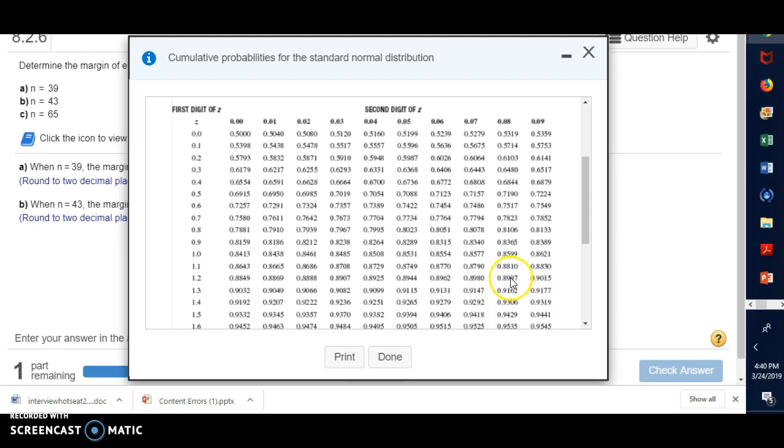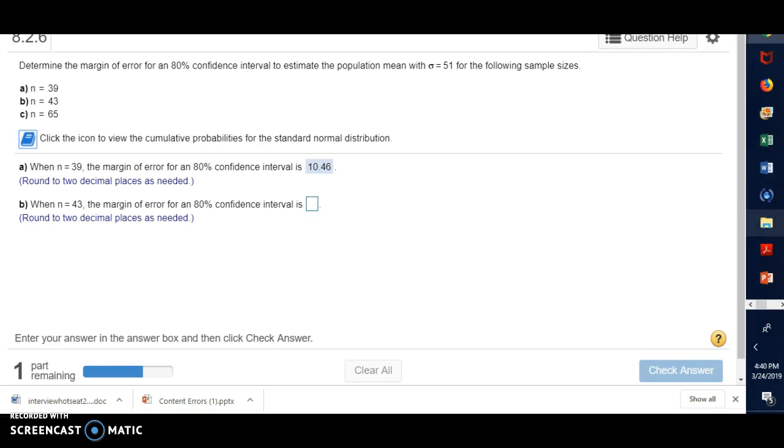This is only 0.03 away from being 0.90. And this is 0.0015 away. So this number here, you look at it, 1.2, go across and then go up. So it's 1.28. That's the hardest part, is figuring out how to look that up.